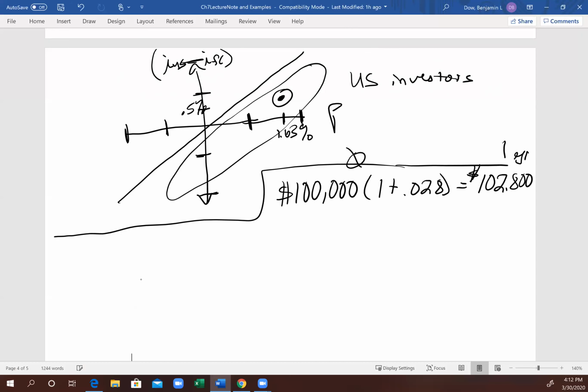Just by depositing, that would be a US investor depositing money in a US account.